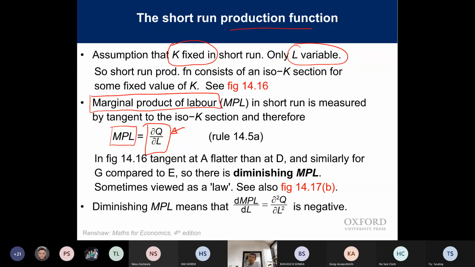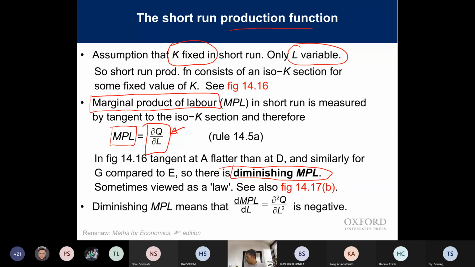What if I recruit 10 more people, and what should be the increasing rate of the production? That will be exactly the marginal product of labor. It's just like the derivative. And this tends to be diminishing.